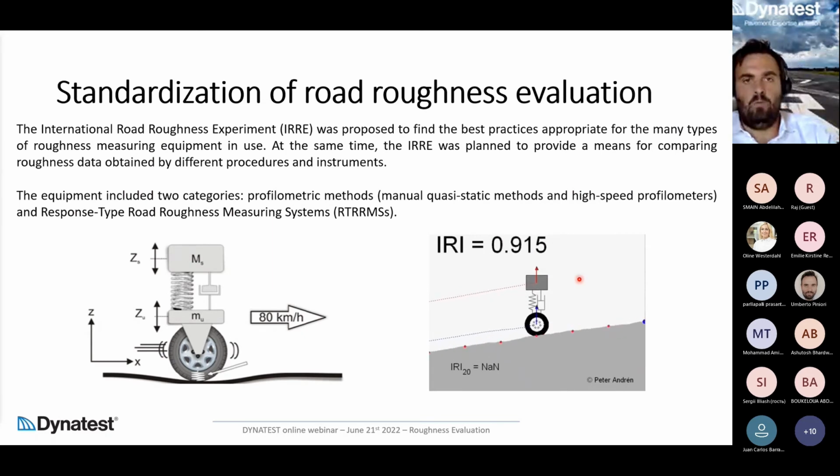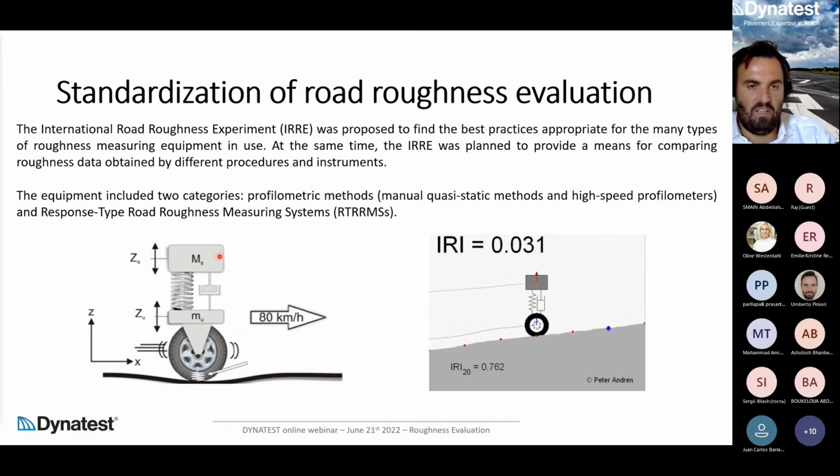So we need to standardize; there is a standardization of the road roughness evaluation. By the time, several parameters have been developed, and the most common one is the IRI. IRI is based on the quarter car model algorithm that simulates a car that drives at 80 kilometers per hour.